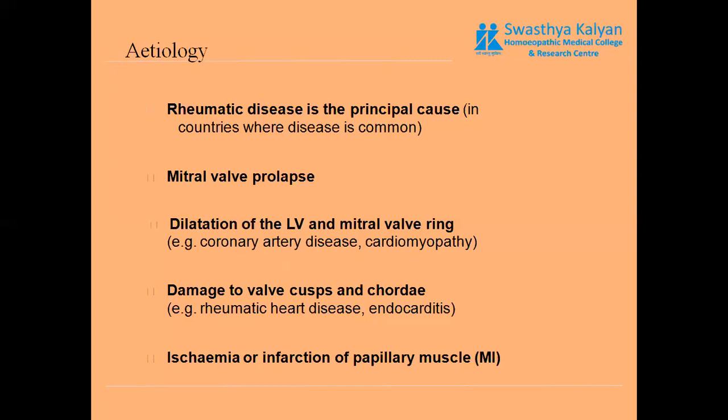Dilatation of the left ventricle and mitral valve ring, like in cases of cardiomyopathy and coronary artery disease. There is damage to the valve cusps and chordae, as in the case of endocarditis and rheumatic heart disease. It may also be caused by ischemia or infarction of the papillary muscles.